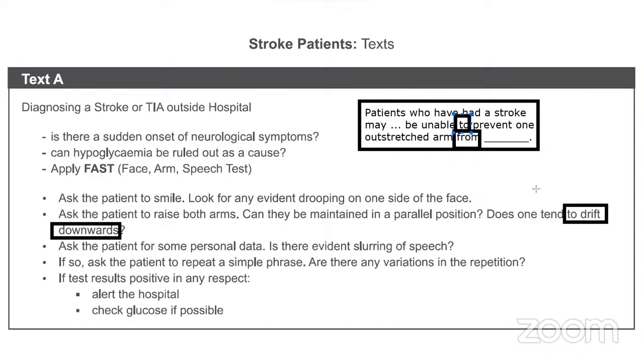If "to" is there, "to drift downwards" will be correct. But he confused you by giving the word "from". From will take the gerund, not the to-infinitive. Same like for. From and for, almost the same.